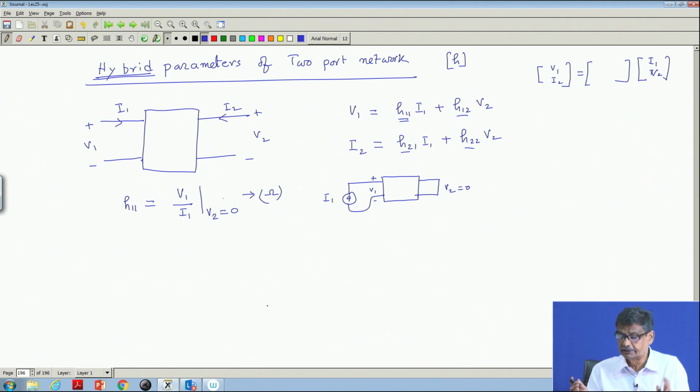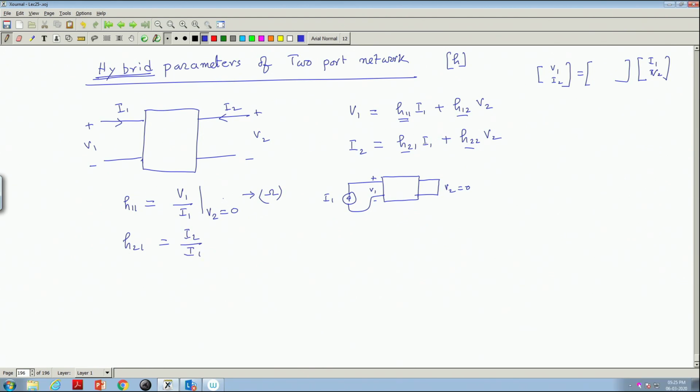So, H 11 is this. Similarly, H 21 from the same network with V 2 equal to 0 will be equal to I 2 by I 1 from the second equation, I 2 by I 1 with V 2 equal to 0.